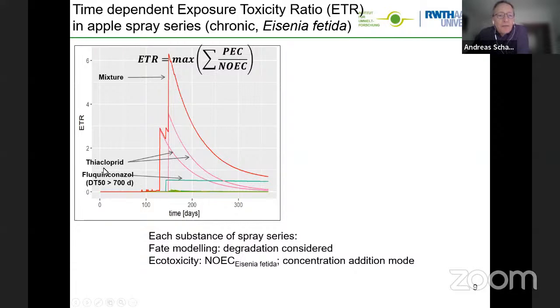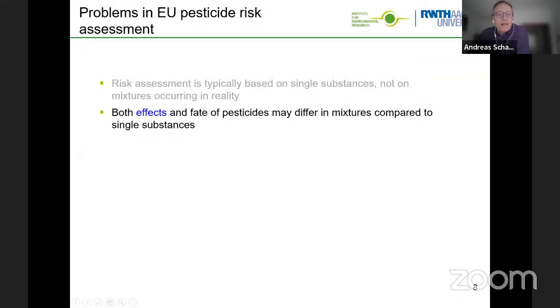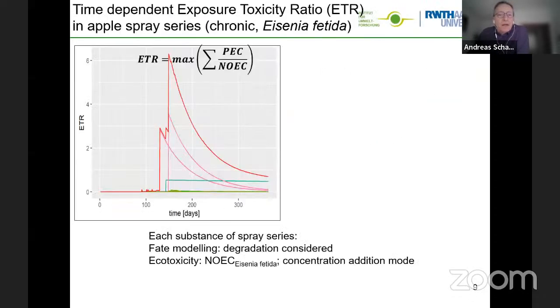You see the half-life is longer than 700 days in agricultural soil. And the mixture of all pesticides of this spray series that I showed here is shown in the top. So this one is the mixture effect. And of course, the pesticides are degraded, or part of them are degraded, and then you come to this diagram.